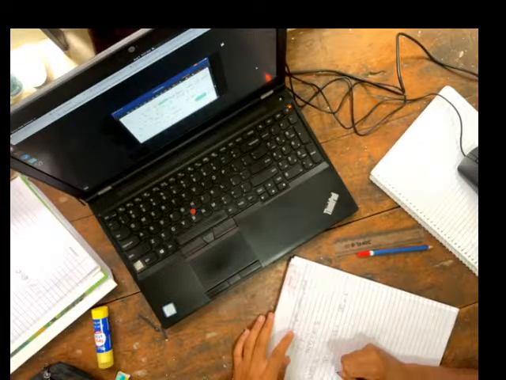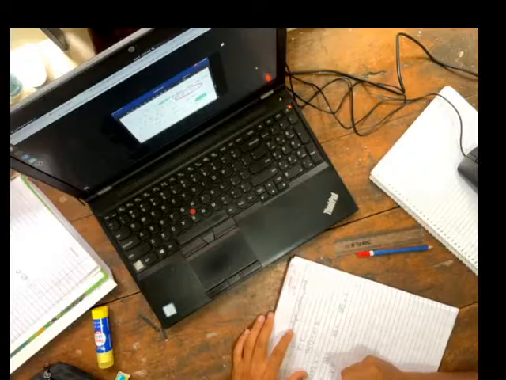The second thing which is given in the question is the trace of P is n minus 1.